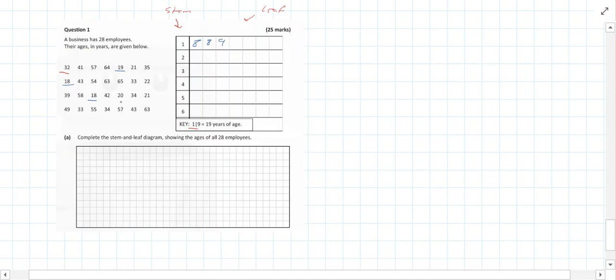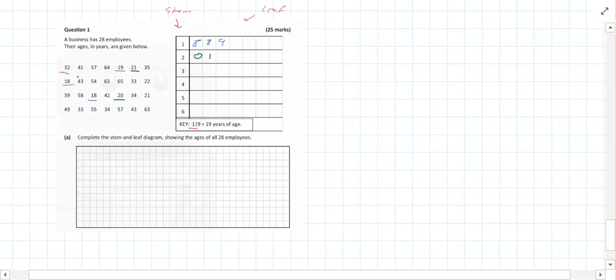So if we have a look, we have 20 here. Let's do this in a different color. So 20. This 2 represents the 2 in the 20, and then you put a 0 here to represent 20. Do we have any other ones? So we have 21. So again, you have a 2, and then you're going to put a 1 in here.